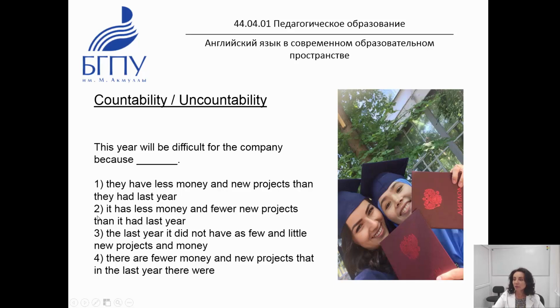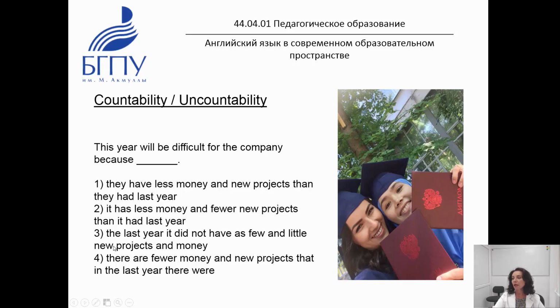Let us consider number 2. Here we've got less money and fewer new projects. And the company, by the way, is associated with the third person singular. That's why point 2 is correct. Let us consider number 3 and number 4, since sometimes you are to spot the mistake to be 100% sure that you have chosen the right variant.